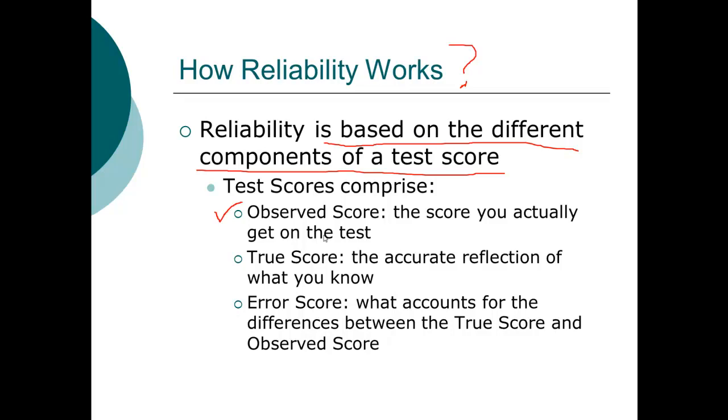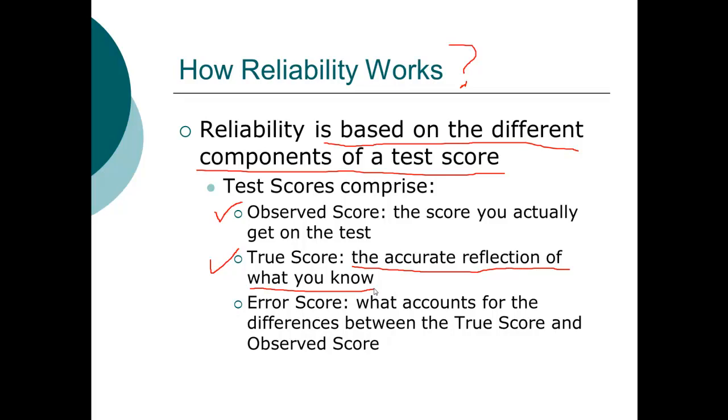Let's say I made a 70 on a test. All we've got to do is count how many right, how many wrong, and that's my observed score. But the true score is a little different. It's the accurate reflection of what you know.